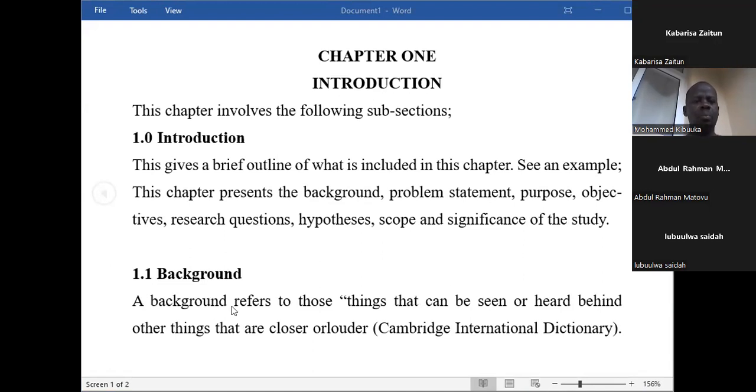We now go to background 1.1, and we said a background refers to those things which we have seen behind other things.